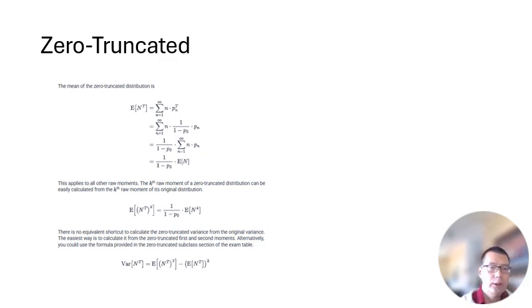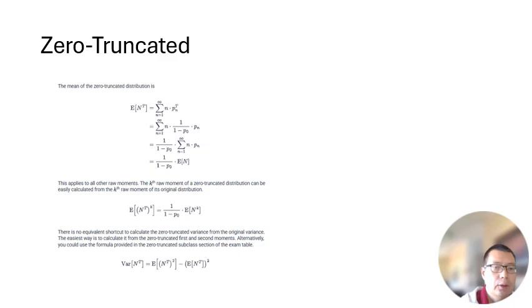For a zero truncated distribution, the mean can be derived as below. The expected value E[NT] is just E[N] over 1 minus P0. This applies to all other raw moments.